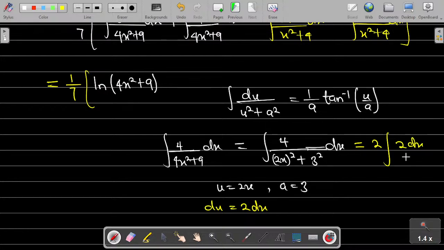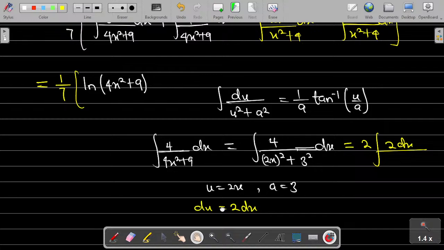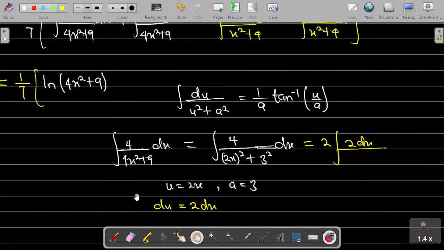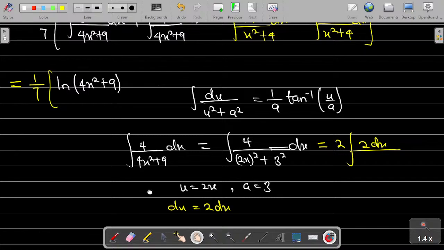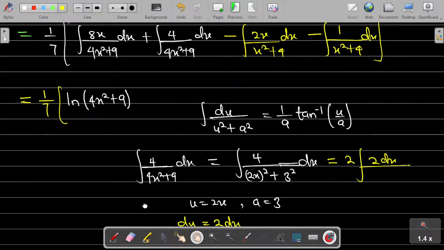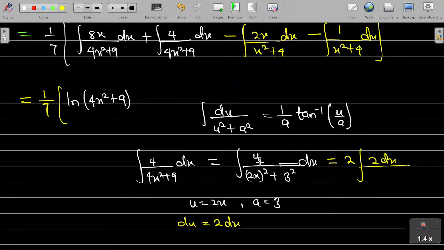All over, let me still leave it as 2x all squared, then plus 3 squared.